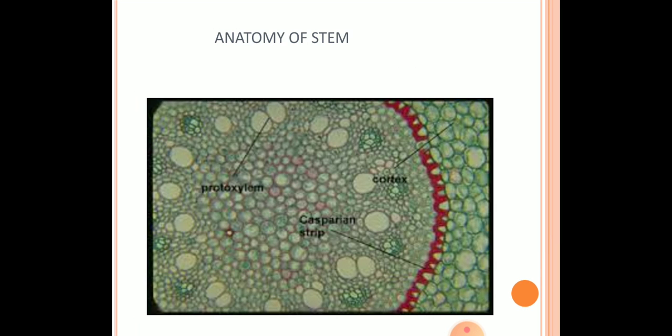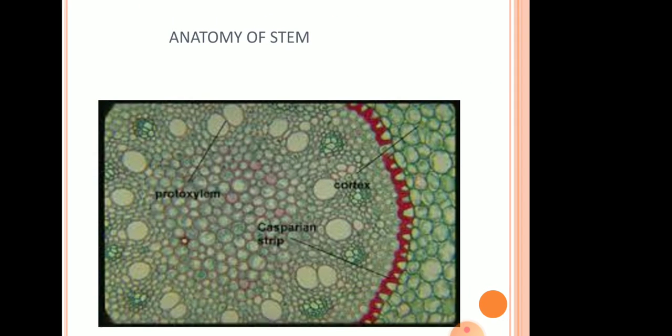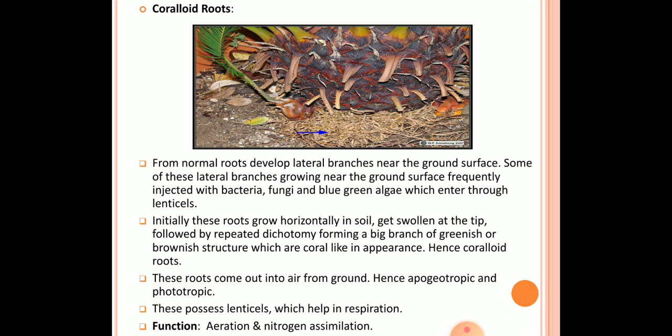This shows the anatomy of the root, with the cortex, Casparian strips, and protoxylem regions. This is the coralloid root, which is different. When compared with the normal root, there is an accumulation of nodule-like structures. They are frequently infected with bacteria, fungi, and blue-green algae that enter through the lenticels.